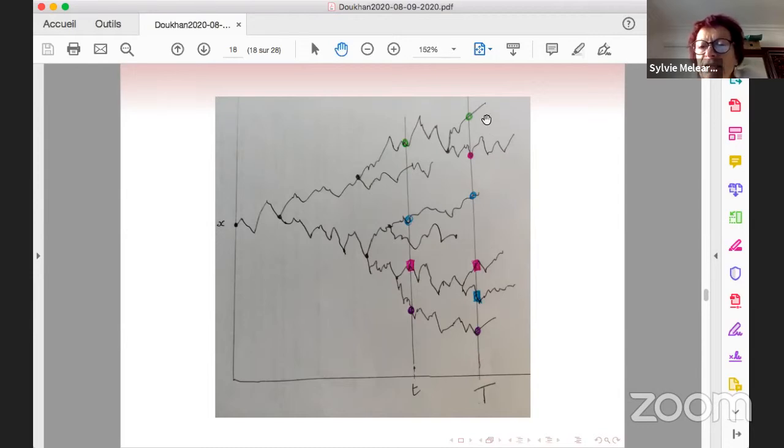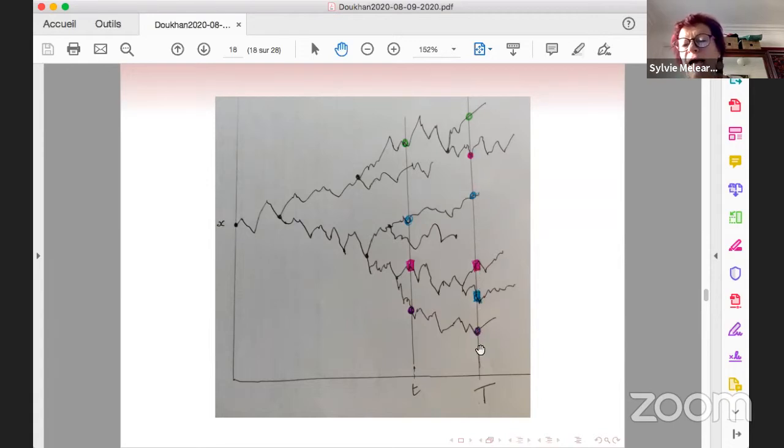So at time t, you have a certain number of individuals. Here I observe a distribution. Of course here I have only 6 individuals, but at time capital T, imagine you have a distribution of individuals.